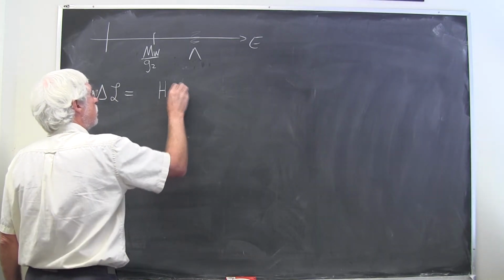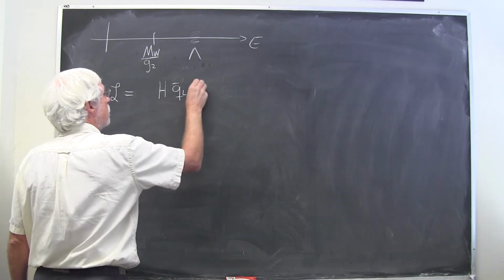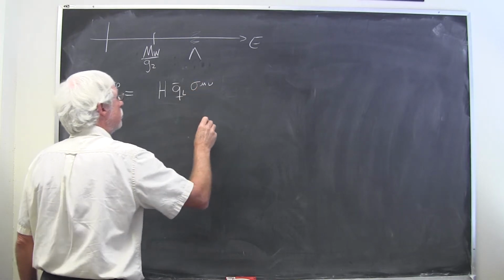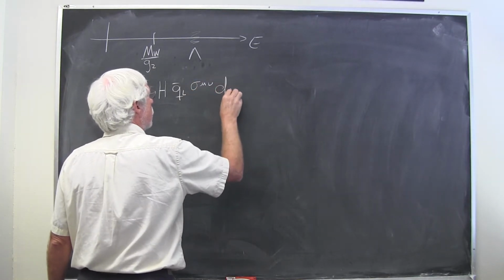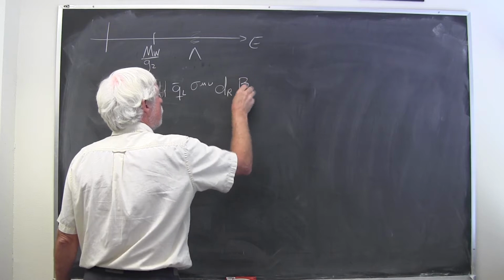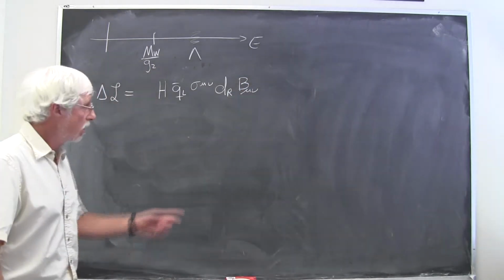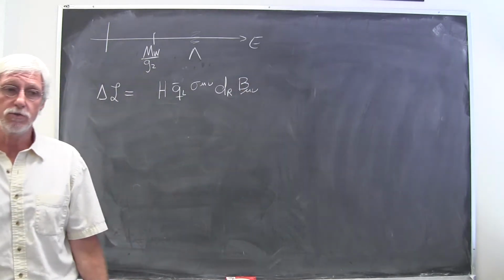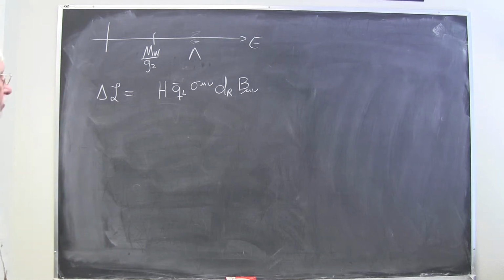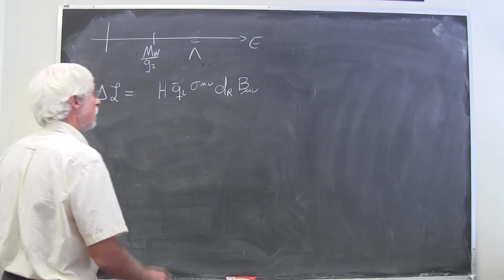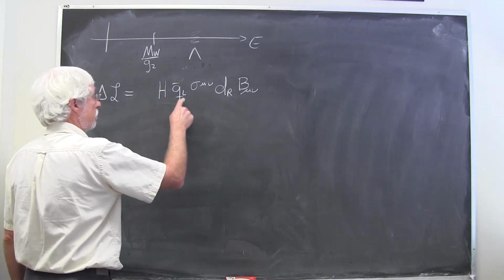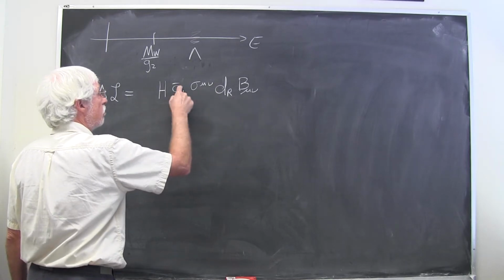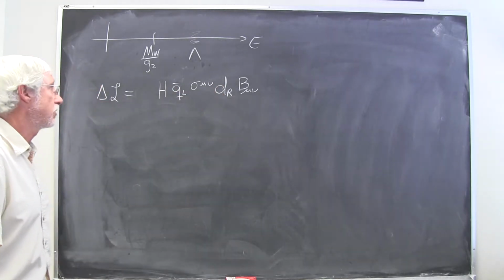So let me put in here Q left, sigma mu nu, D right, B mu nu, where B mu nu stands for the field strength of the hypercharge gauge field. And again, fixed generation indices are implicit.